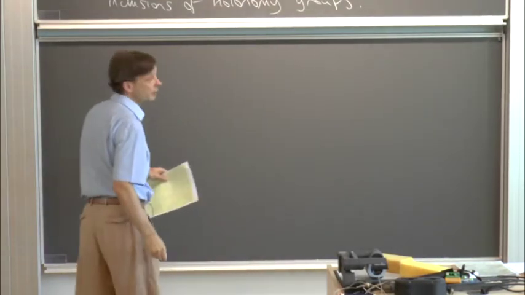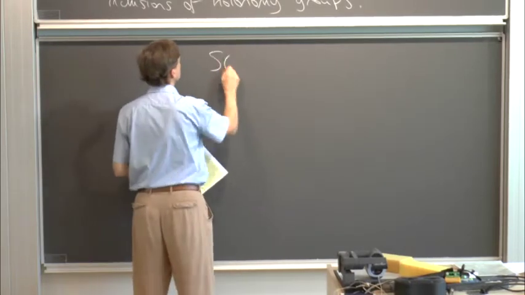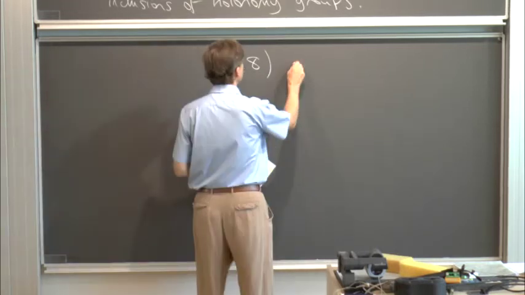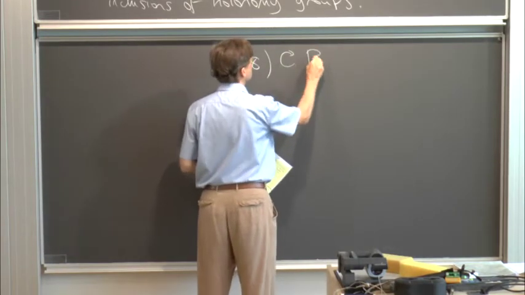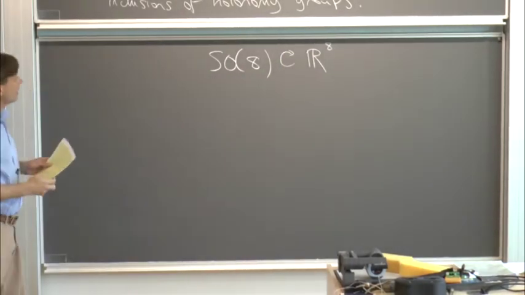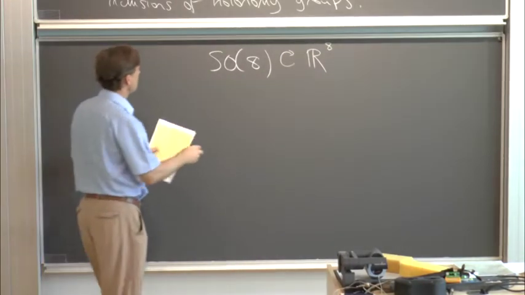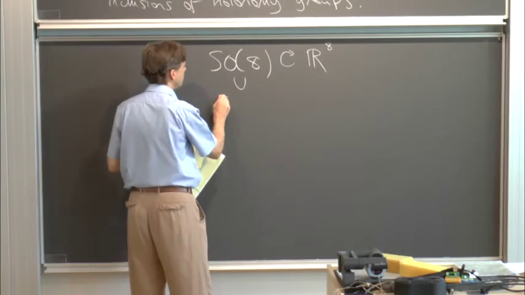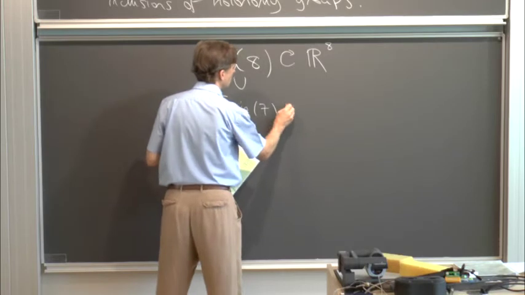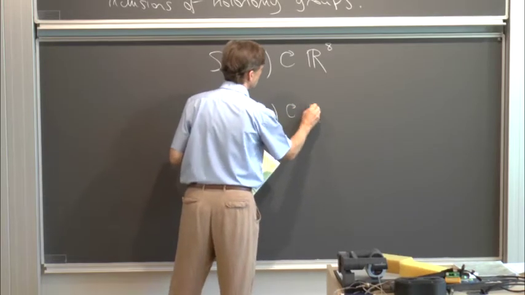So let's start with SO(8), and then the space it acts on; this round arrow means acts on. So SO(8) acts on R^8. Sitting inside this is Spin(7), also acting on R^8.